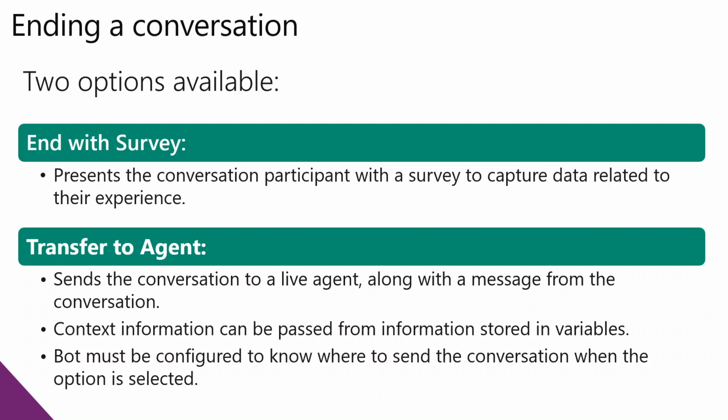We cover it a little bit in Power Virtual Agent in a Day. It needs something like Dynamics 365 with omni-channel customer service, but just know that it's possible to set this sort of thing up. The bot needs to be configured to know where to send the conversation when that option is selected. More often than not, we'll be using end. Most people will use end with survey.